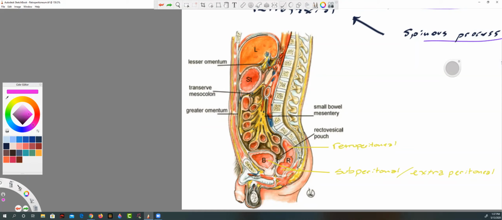Let me draw in. We'll start here, over the pancreas. Duodenum, that's duodenum right there. I'm going to go over that duodenum, and then down, down, to there.